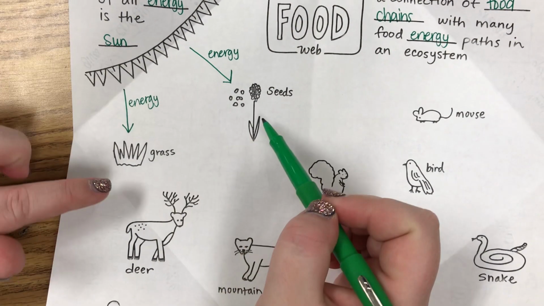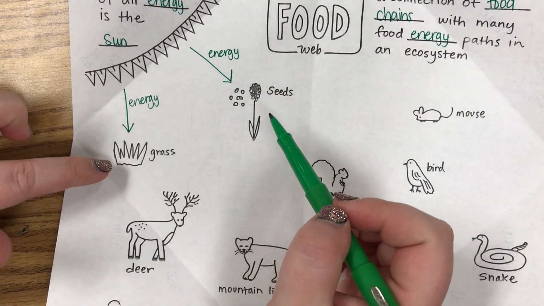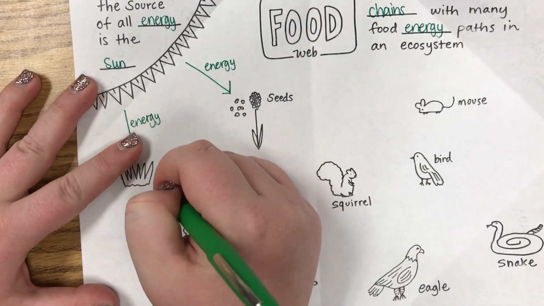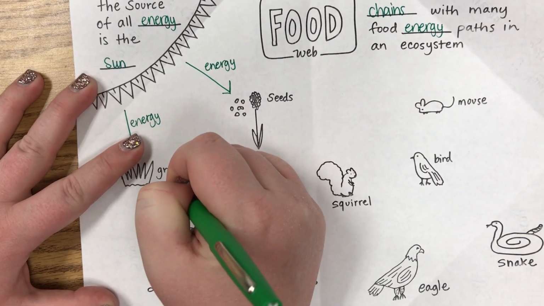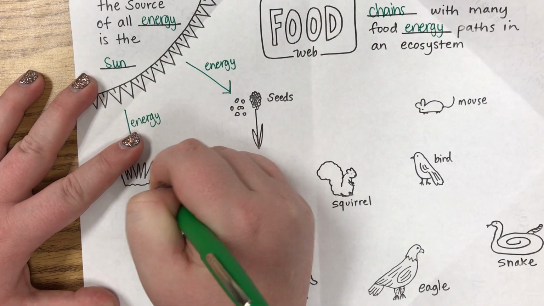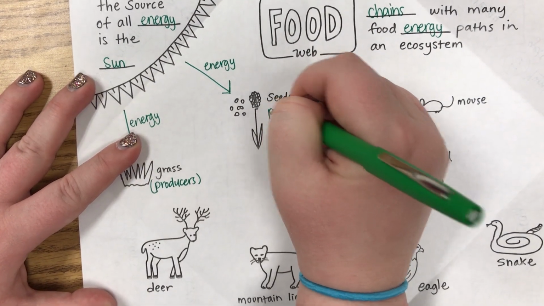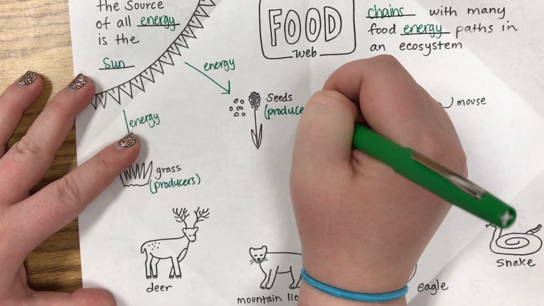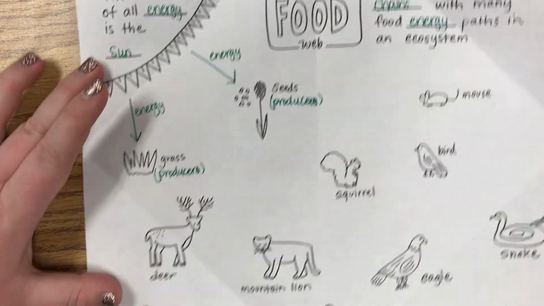So it gives energy to the plants. They do not have to eat food. They get their energy and their food source from the sun. And because of that, they are called producers. They produce their own food. Well, I guess they're just one producer, not producers.